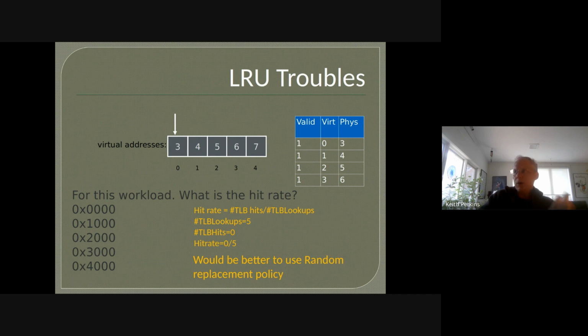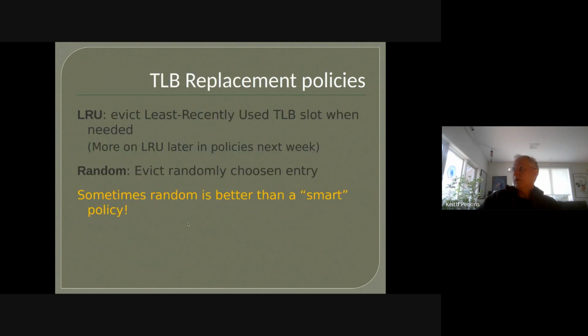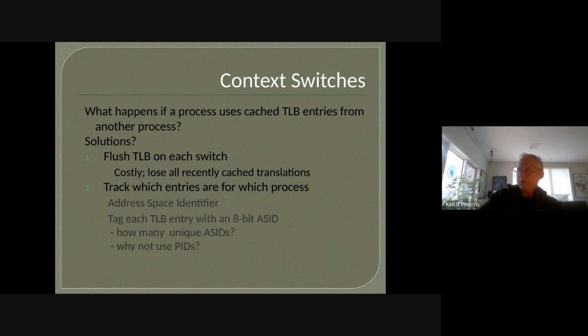Whereas if you used a random policy, randomly replace an entry in the TLB whenever you run out of space, you're not going to have this issue. So sometimes a random policy is better than a smart policy.